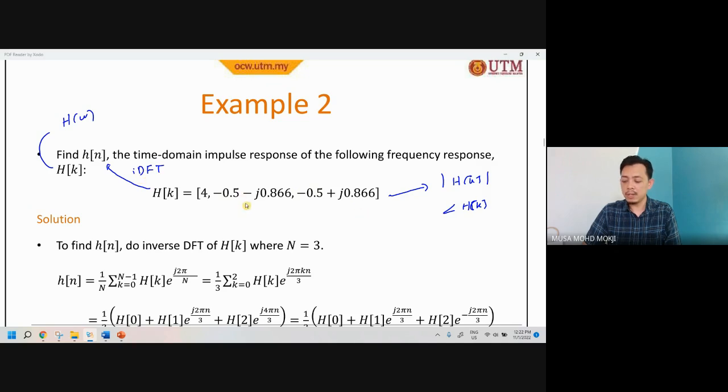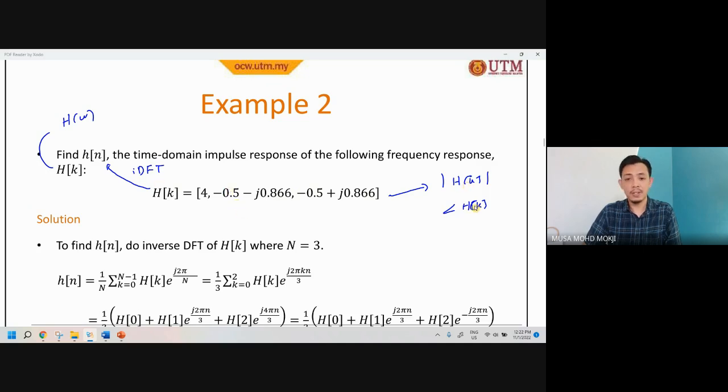If you look at this example again, if you want to do inverse DFT, it must be from the frequency response. It's not from a magnitude, it's not from this phase response. Okay, it must be from frequency response. If you have it in terms of magnitude and phase, you need to convert that into frequency response, then do the inverse, right?